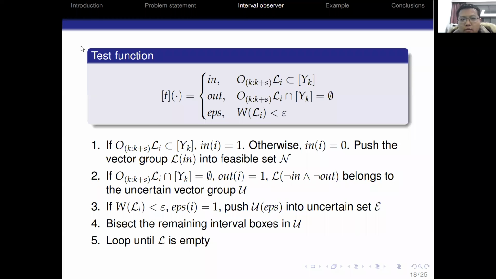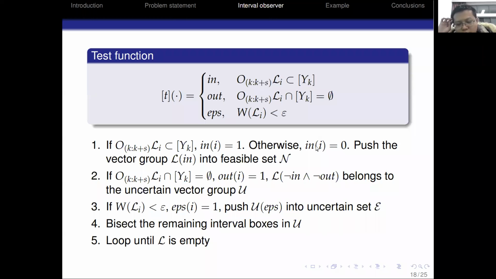Now we use the test function to deal with these 4 situations. The first one is if we have the OL in this y interval, the output of the test function is 1. Otherwise, the output is 0.